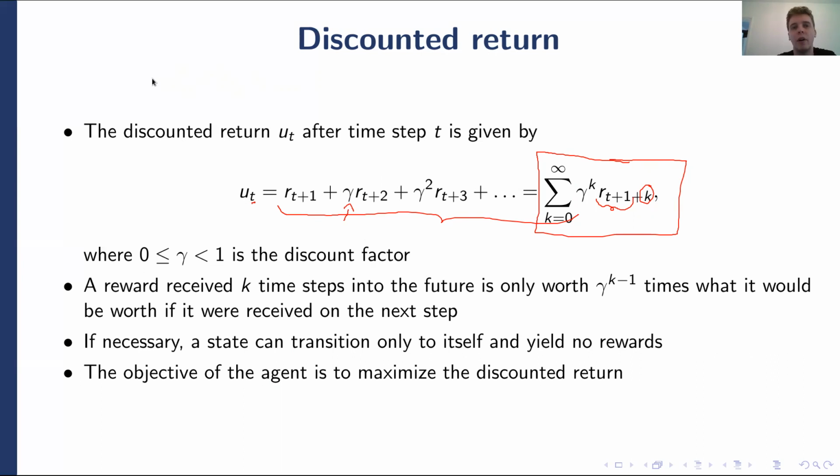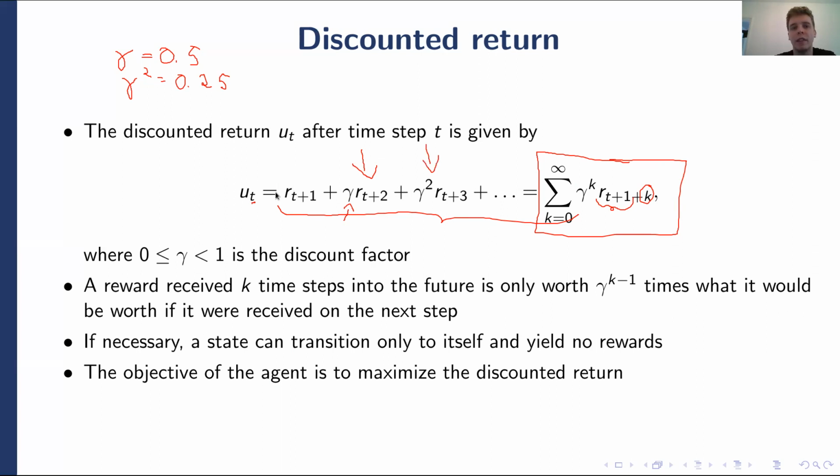Imagine, for example, that gamma is 0.5. Gamma squared will be 0.25. So you can see that the reward observed 2 time steps into the future will be worth less than the same reward if it were observed 1 time step later.